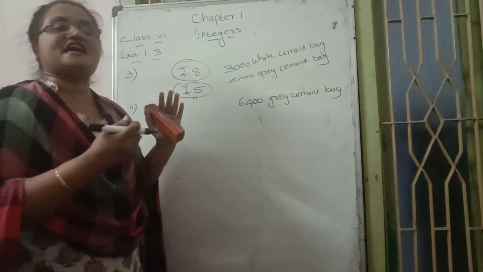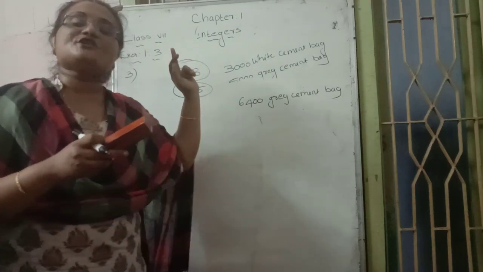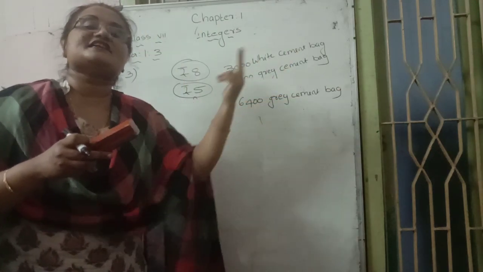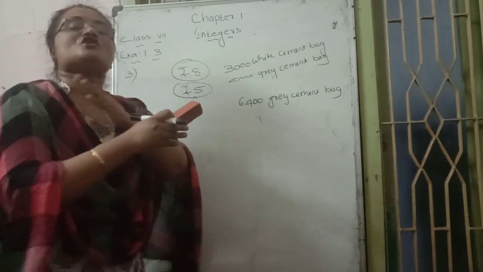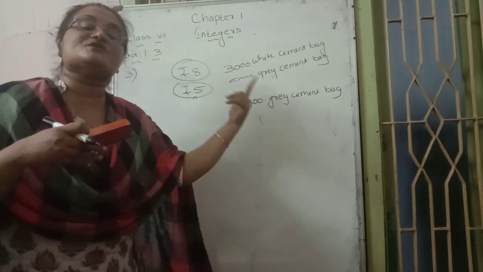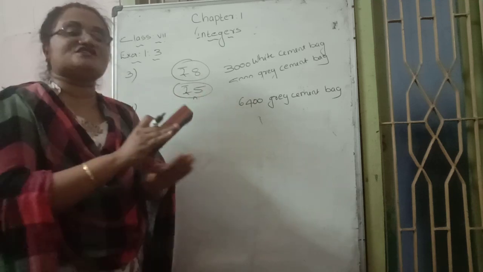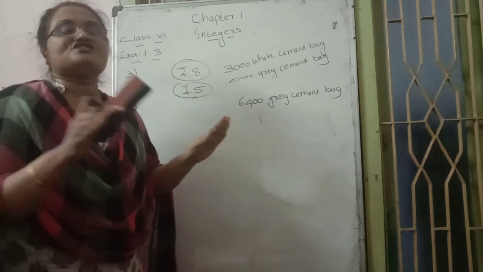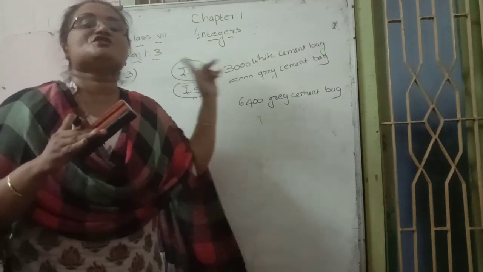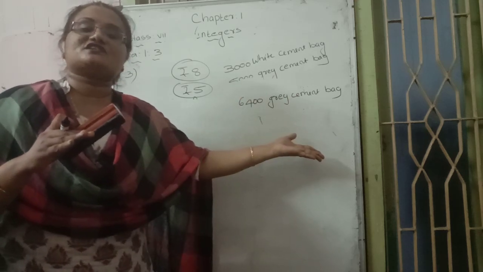For managing that loss, how many white cement bags must the company sell to have no profit and no loss? Because 6,400 grey cement bags are sold, a loss will happen for that company.